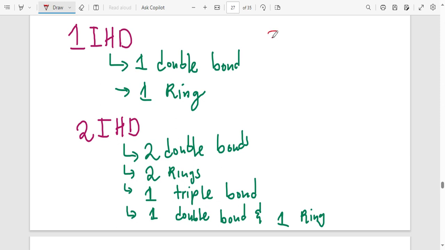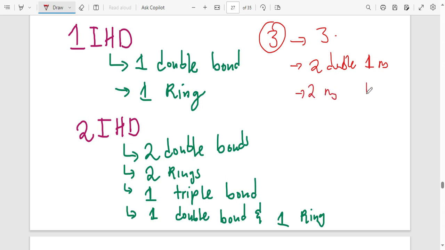How about an IHD of 3? IHD of 3 will mean that you have got either 3 double bonds or you have got 3 rings in the same molecule, or you have got 2 double bonds and one ring. Remember, a double bond is one IHD and a ring is one IHD. Or it means that you have got 2 rings and one double bond.